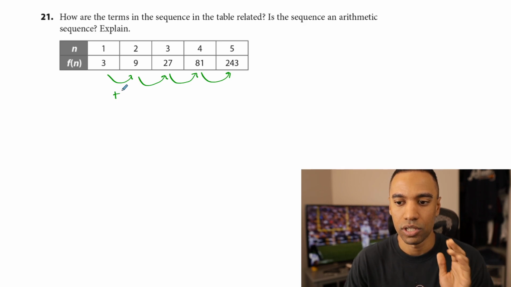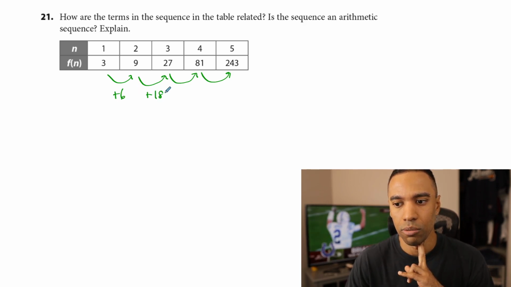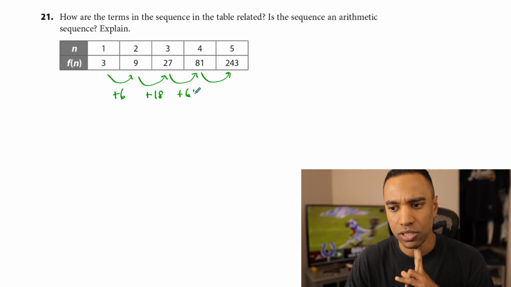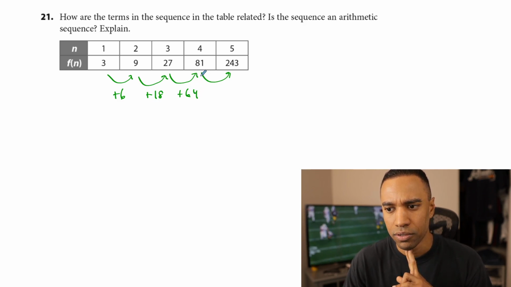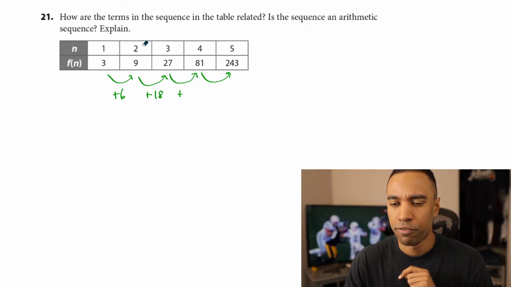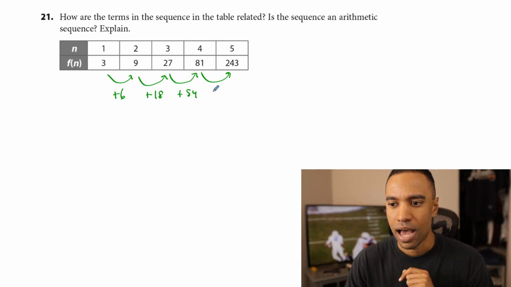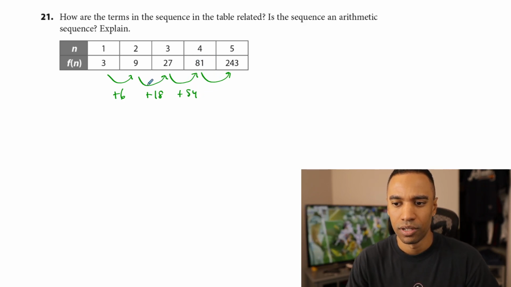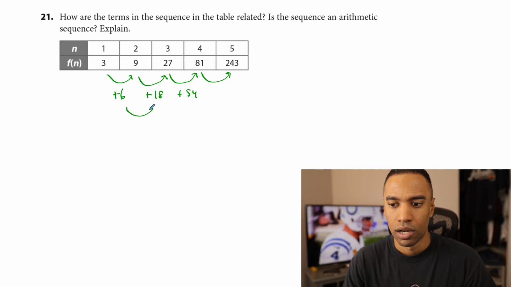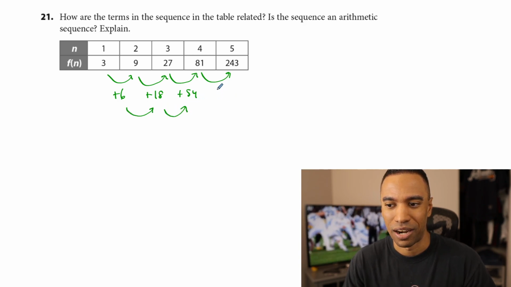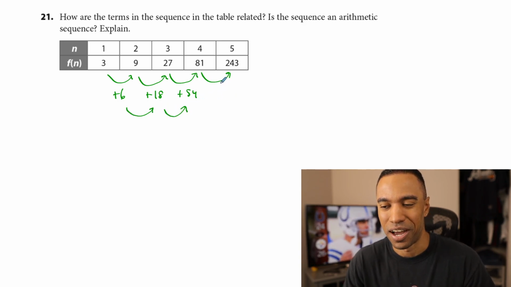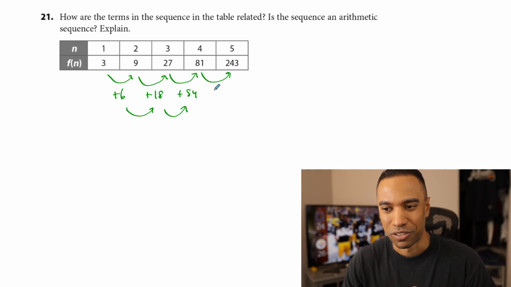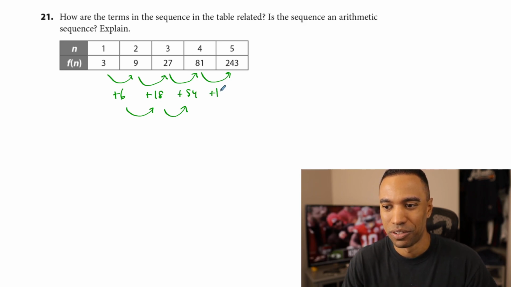However, you might notice this. You might say something like, oh, plus 6, oh, plus 18, oh, plus 64. Is that 64? No, plus 54. And you might say something like, hey, I see a pattern. Maybe you do. I do. It's kind of a strange one. I don't know how to explain this, but check this out. First, let me figure out this number. Plus 162.